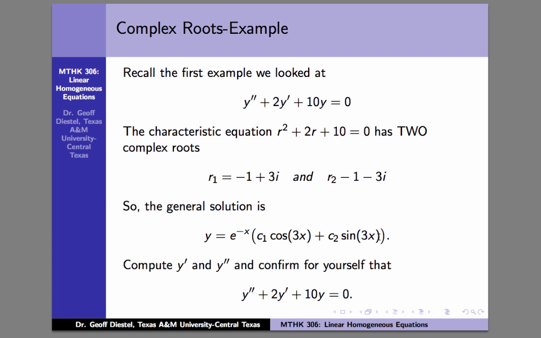Take this function. If you want to put specific numbers in for c1 and c2, feel free. It doesn't matter. It'll work no matter what they are. Compute the derivative and second derivative of this function y and plug it into this expression, and you'll see that everything cancels out and you end up with 0. So this general form does work.